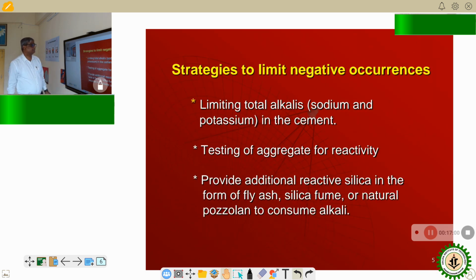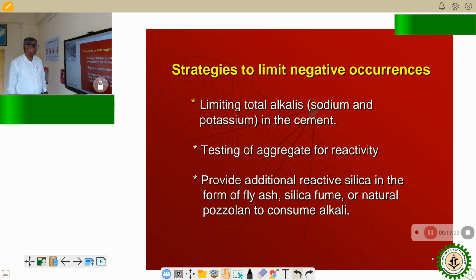Silica we have to manage nicely. So you see, these are the strategies to limit these negative occurrences: limiting total alkali, sodium and potassium, in the cement, and testing of aggregate, because if it is reactive in alkali medium, then it's bad.